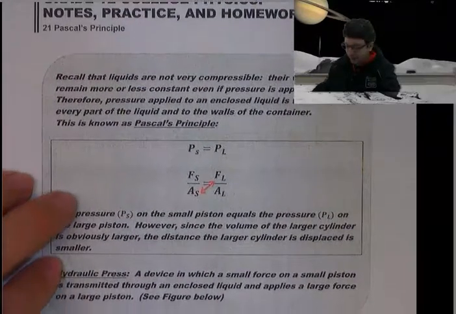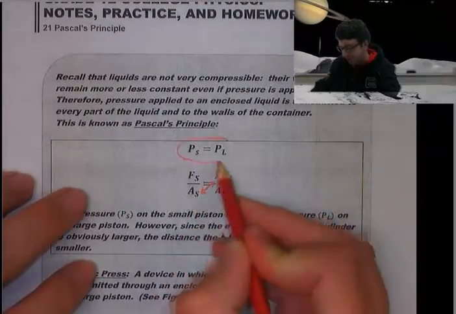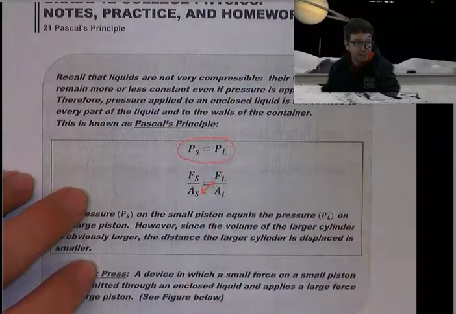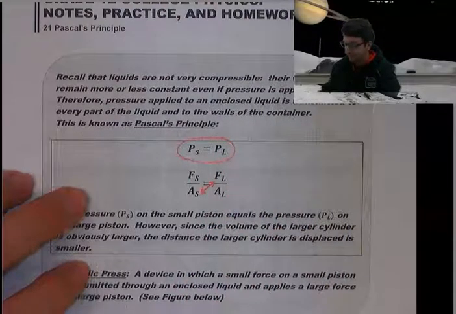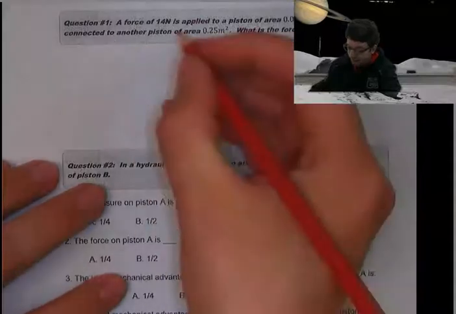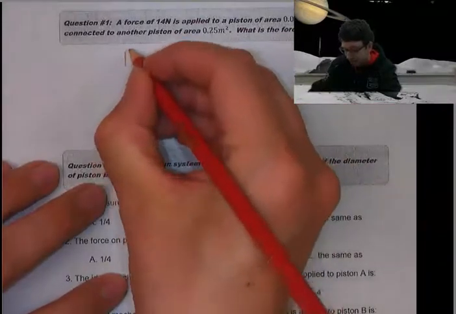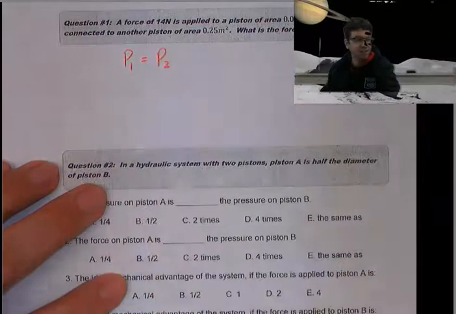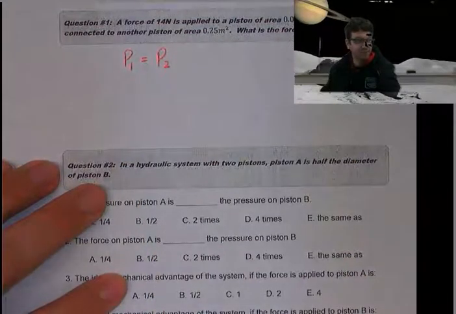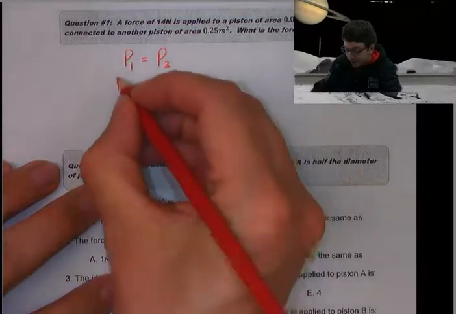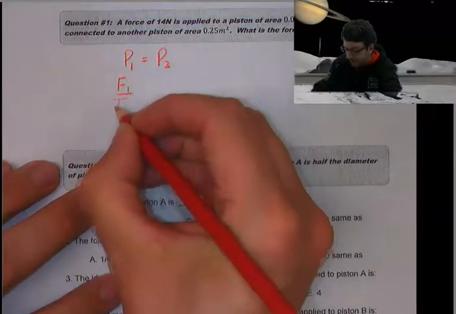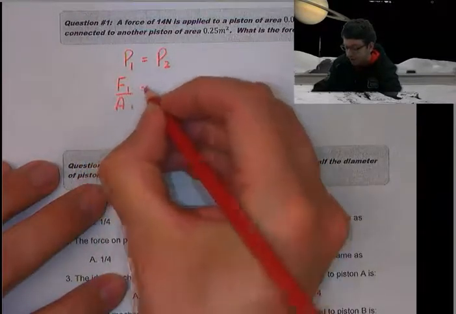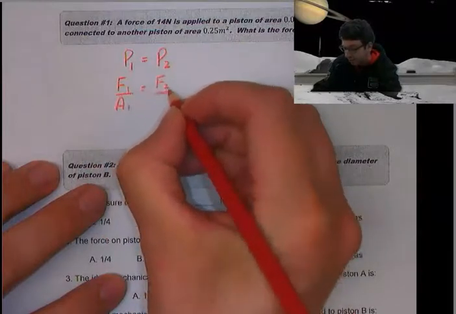But to make things simple, let's just start with this. That is Pascal's principle. The pressures must be the same. So let's say the pressure on the first piston must be equal to the pressure on the second piston. So pressure is force over area, so I'll do F1 over A1 must equal F2 over A2.